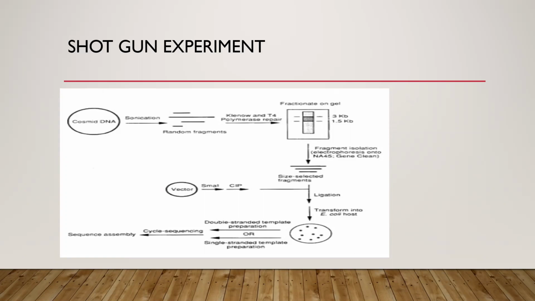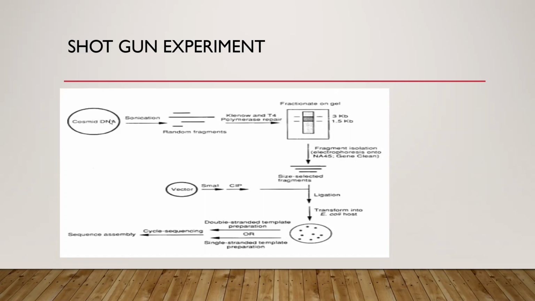It is a vector. Cosmids are vectors possessing the characteristics of both plasmid and bacteriophage lambda. Cosmids can be constructed by adding a fragment of phage lambda DNA, including the cos site, to plasmids. A foreign DNA of about 40 kilobase pairs can be inserted into cosmid DNA.